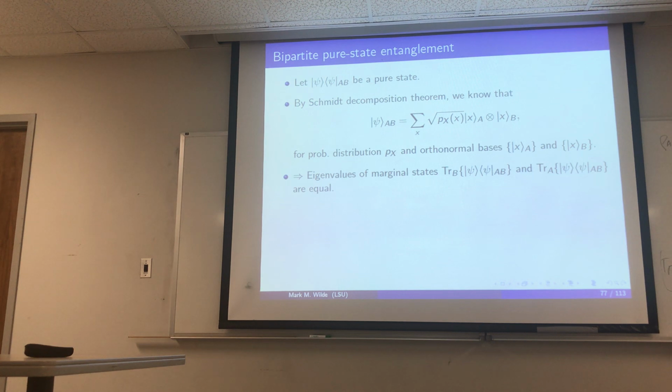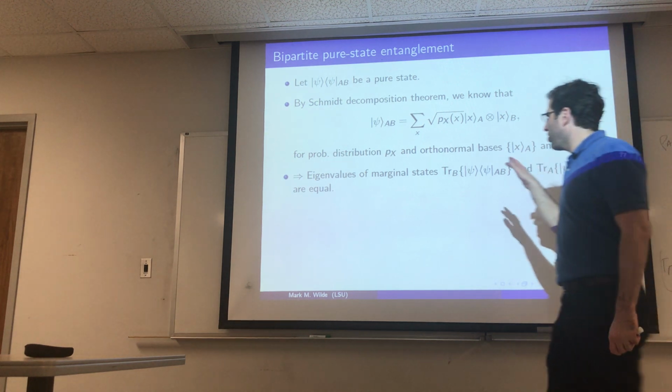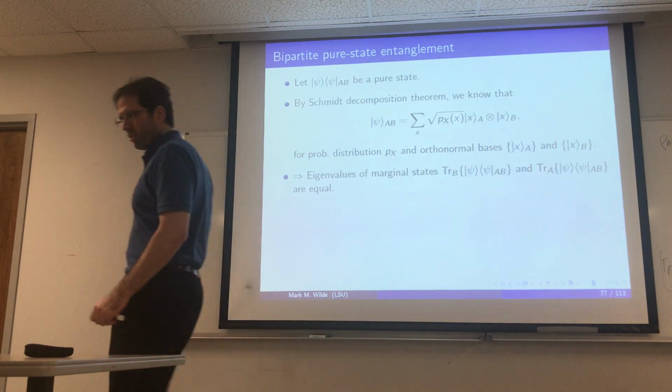And then you could do the same calculation if you trace over A instead, right? So here we traced over B. If you traced over A, there's a symmetry in the calculation. You get the same eigenvalues, right? So for a pure state, the eigenvalues of the marginal states are equal.